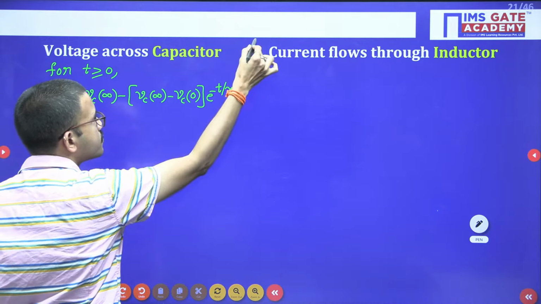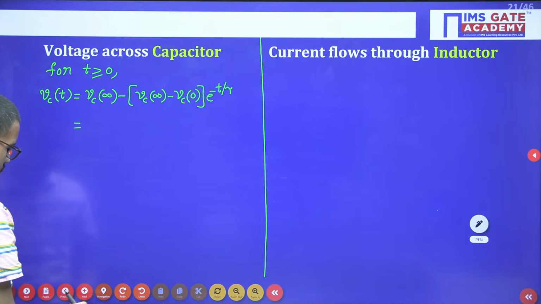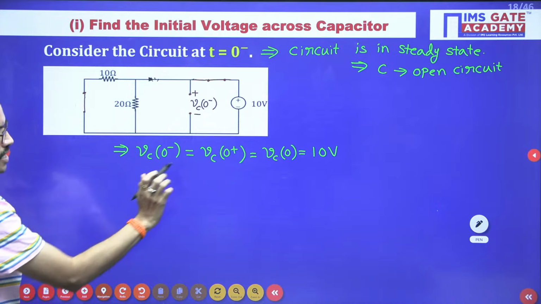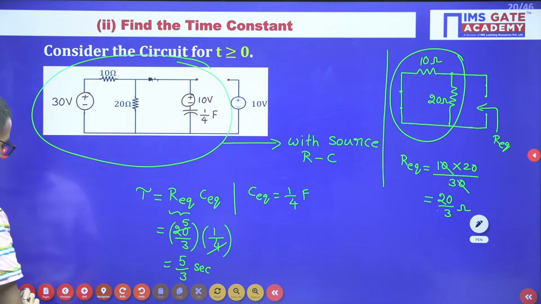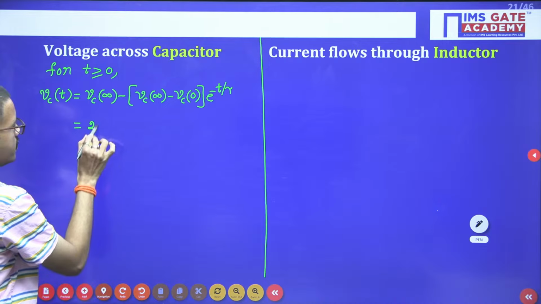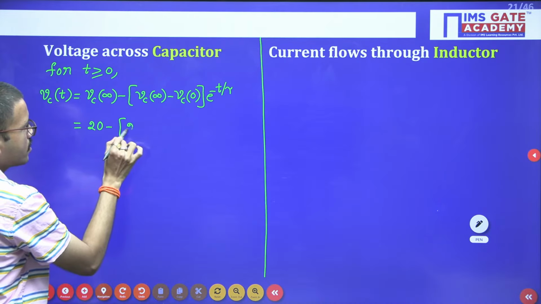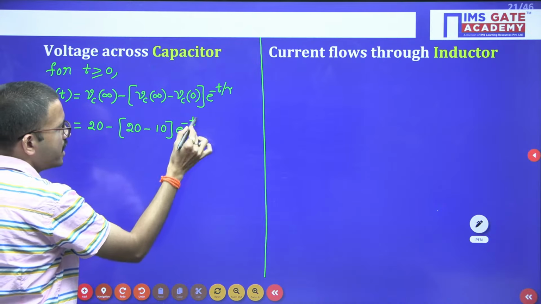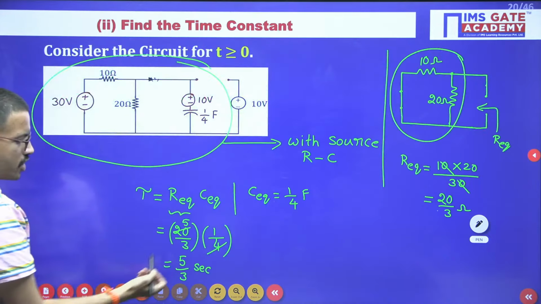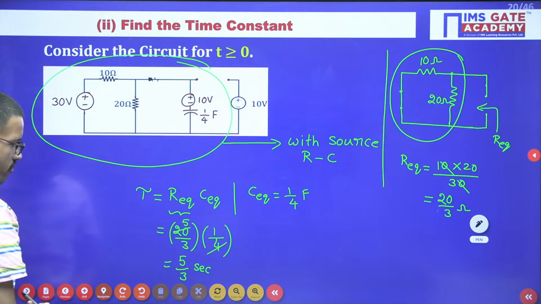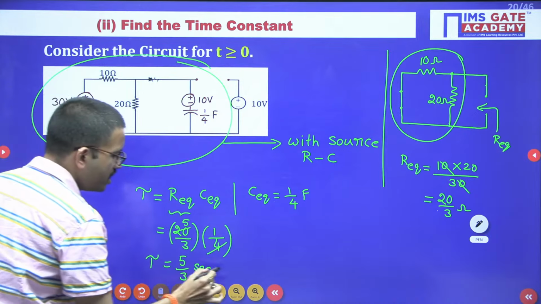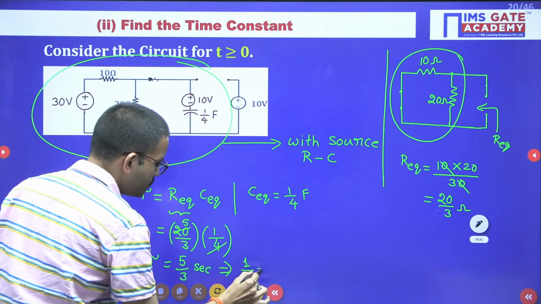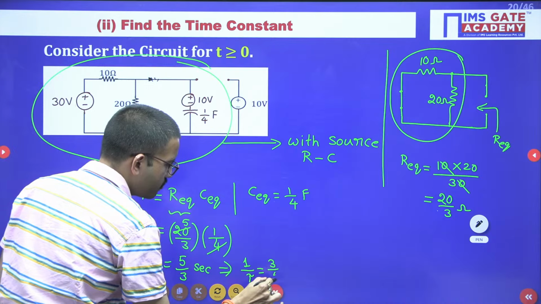So we got Vc of infinity as how much? Vc of infinity we got 20 and initial voltage 10, into e power minus t by tau. Tau value we got 5 by 3. So from here I am taking the reciprocal, so I get 1 by tau as 3 by 5.